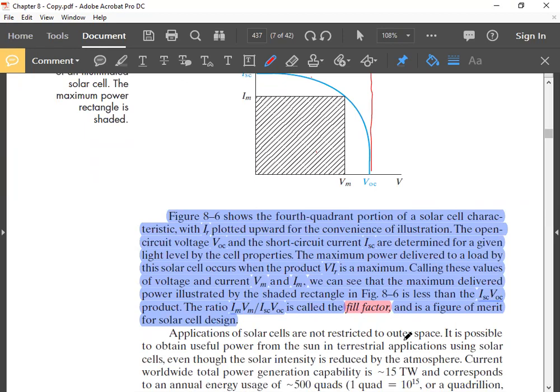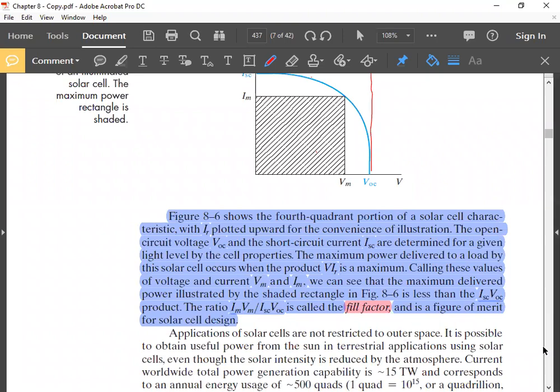This is a figure of merit for solar cell. Fill factor is always less than 1. It cannot be greater than or even equal to 1, because VmIm is always less than VOC ISC.